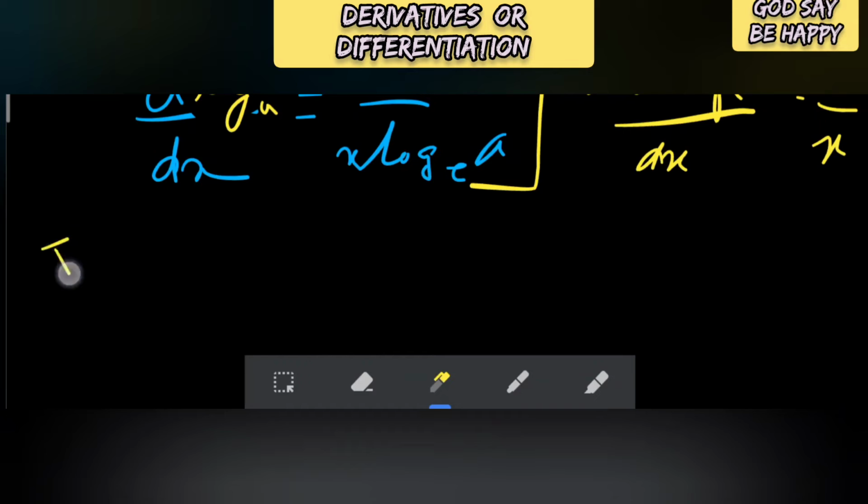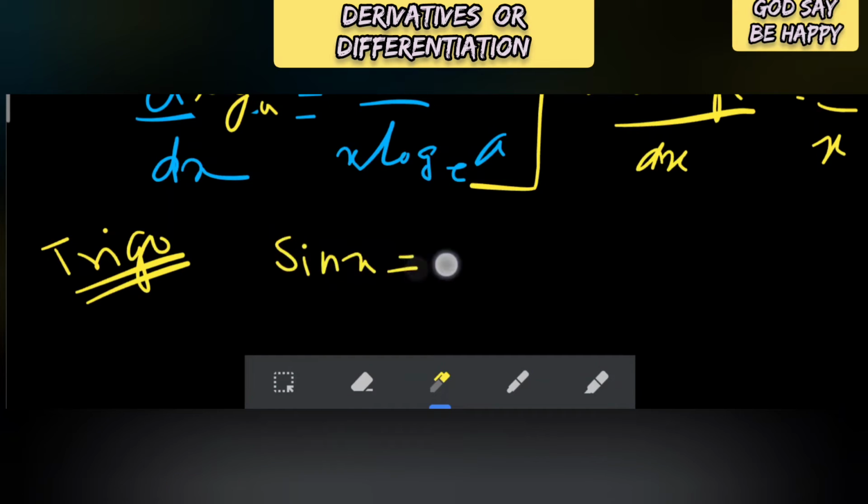Now certain trigonometric derivatives. As we have proved, the derivative of cos x is minus sin x and the derivative of sin x is cos x.